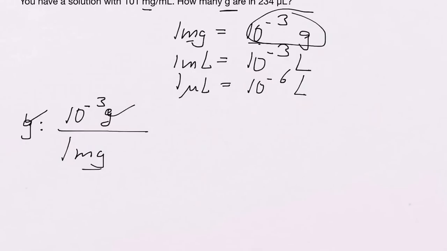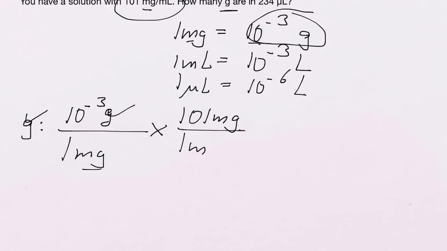And do we have milligram anywhere? Yes, we've got milligram here. So we've got 101 milligram in 1 milliliter. And this is because we can write 101 milligram makes up 1 milliliter, and we know that in 1 milliliter we have 101 milligram. So the milligram cancels out.